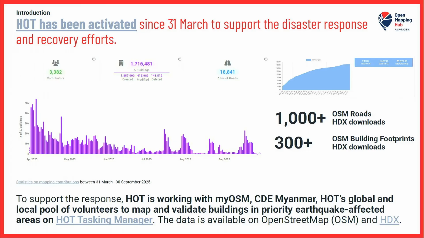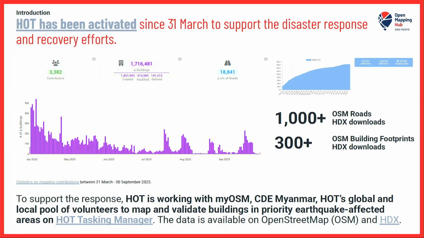And right now, as we speak, we have almost 2 million building footprints mapped in OSM, more than 18,000 kilometers of roads, and this is a cumulative effort of more than 3,000 contributors all over the world.